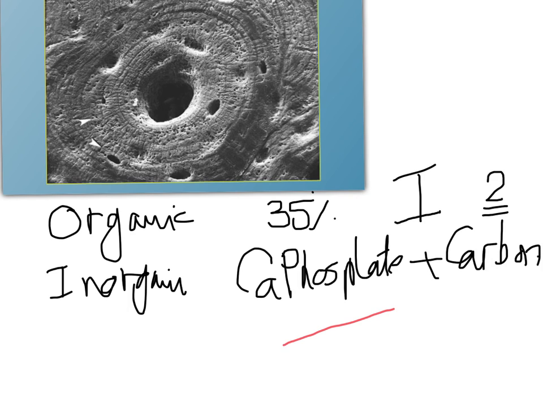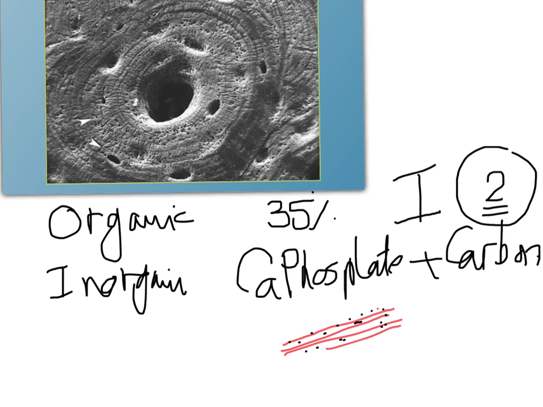Here are the collagen fibers, so these salts are present on the surface of the collagen fibers, as well as in the ground substance, which, as we have said before, is formed of glycosaminoglycans and glycoprotein.